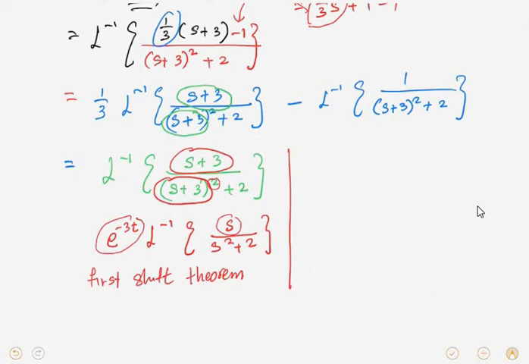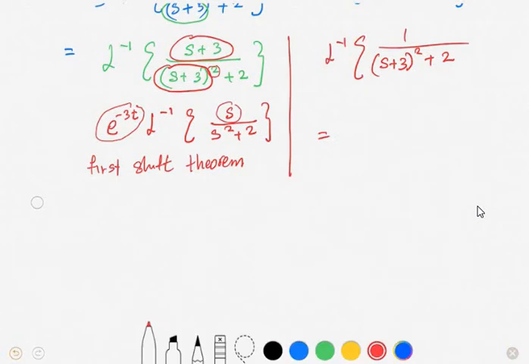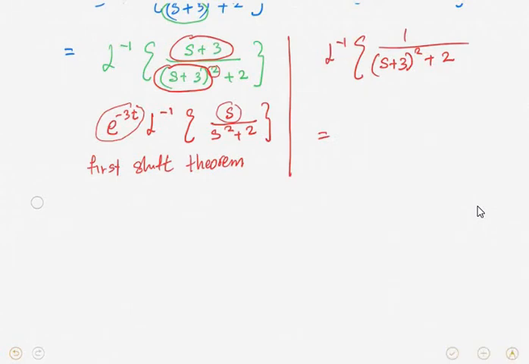If we use the table of Laplace transform, for example, I give an example, like we have the s plus 3 squared plus 2, what we will obtain? This one is, using table of Laplace transform, we obtain the exponent negative 3t, and then inverse Laplace transform of 1 over s squared plus 2. So this one is we use the table of Laplace transform.